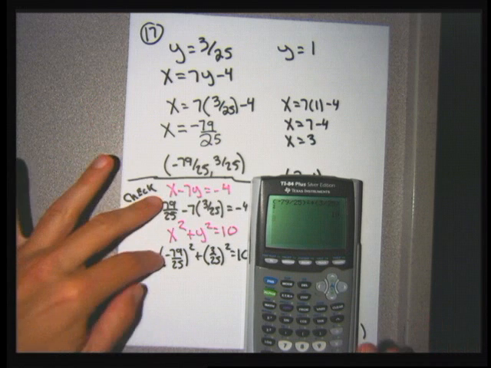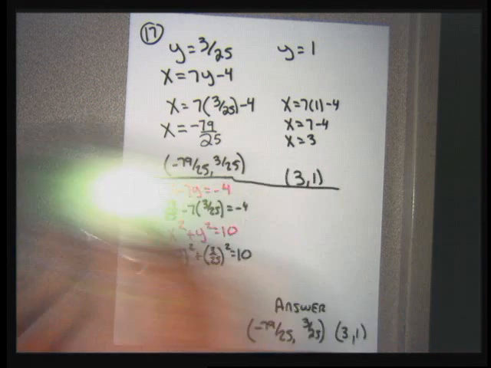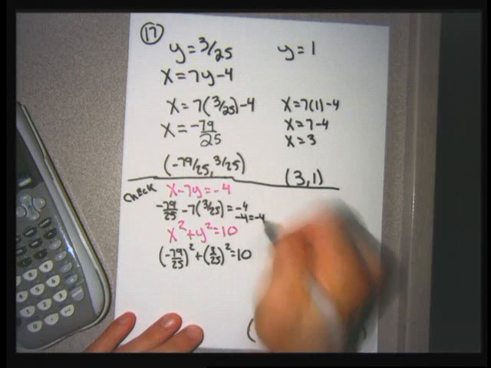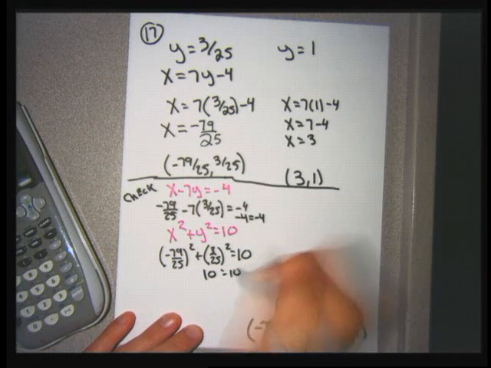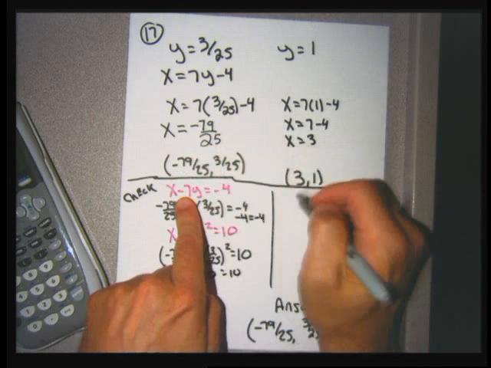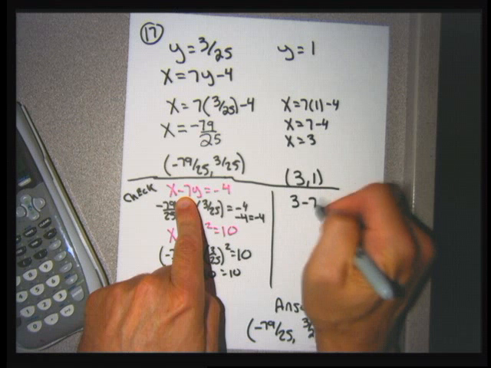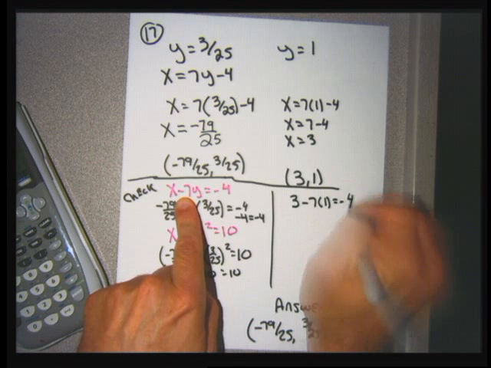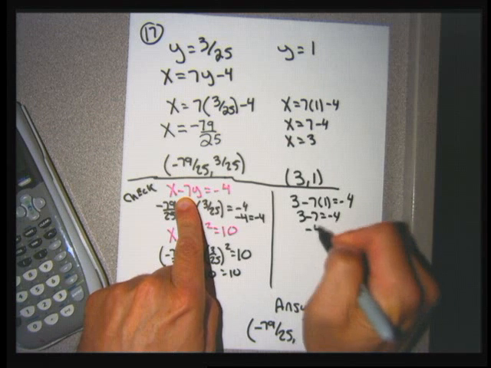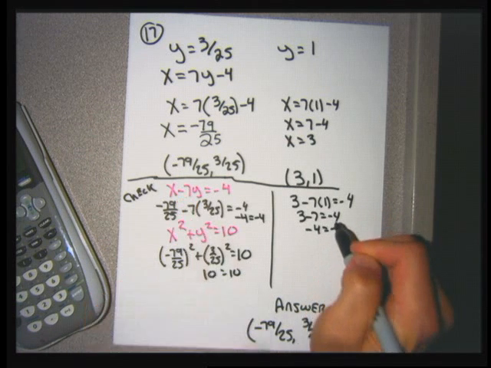I didn't even really show the checking on my paper, but this one did wind up giving me negative 4 equal to negative 4. This one gives me 10 equal to 10. The other checking, to do the (3, 1) into this equation, I'll do 3 minus 7 times 1 equal to negative 4. That gives me 3 minus 7 equal to negative 4, which is negative 4 equal to negative 4.